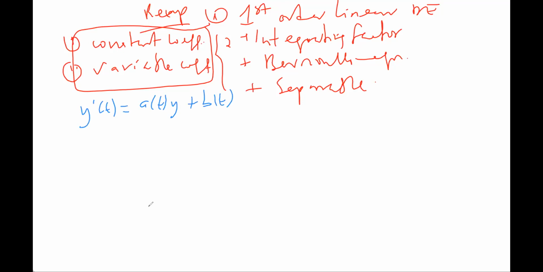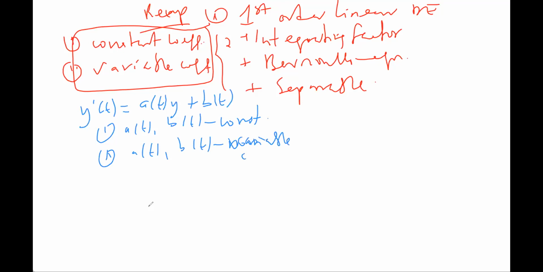Then we said, if a of t and b of t can be constant, then the second case is when a of t and b of t are not constant, the variable coefficients. All right, this is what we spoke about.